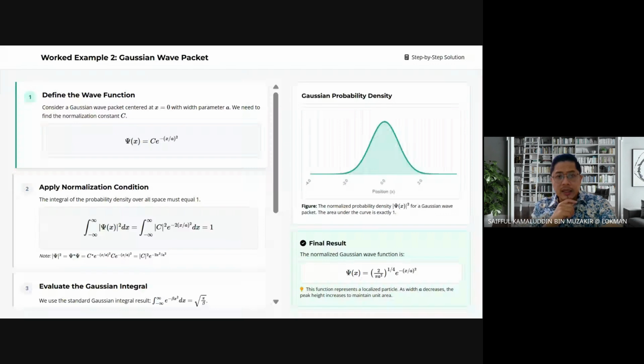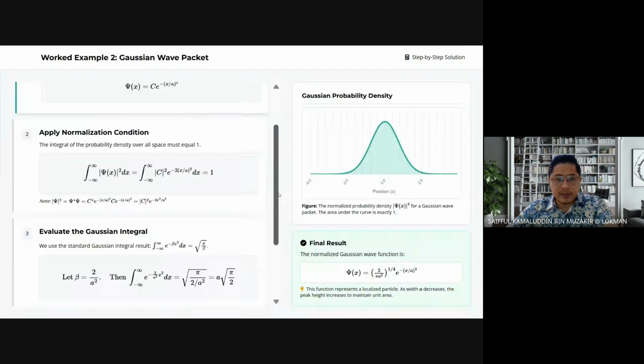Here, beta equals 1 over a squared. So how about the next step? The next step is step 3. Let us look at step 3.